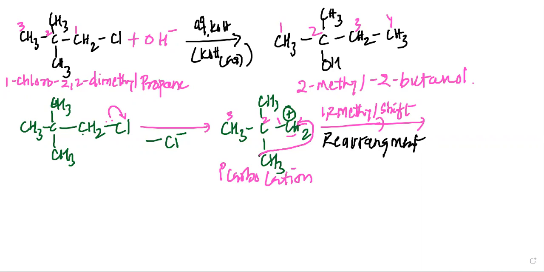Let us see the final product that we get: CH3C, CH3, CH2 and CH3, and we get a carbocation, which is a tertiary carbocation.